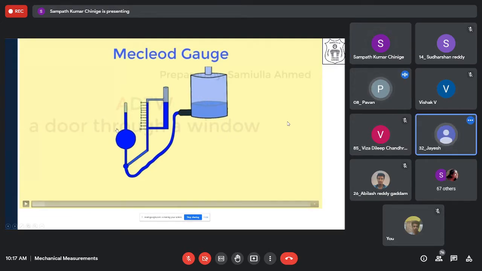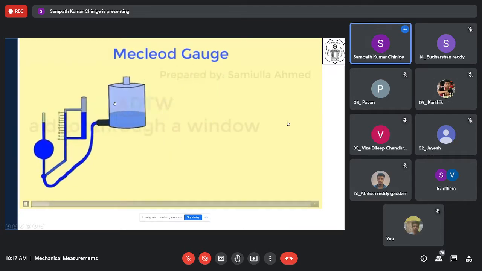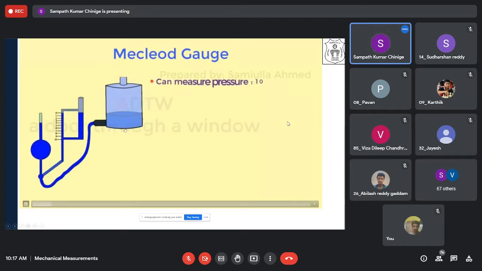Now here we have an oil reservoir, or a manometric liquid reservoir. We also have a tubing that is connecting it to a bulb. This whole thing is called a bulb. The top portion is a capillary tube, and the bottom portion is also a capillary tube.